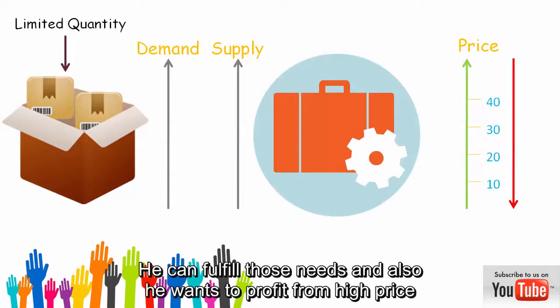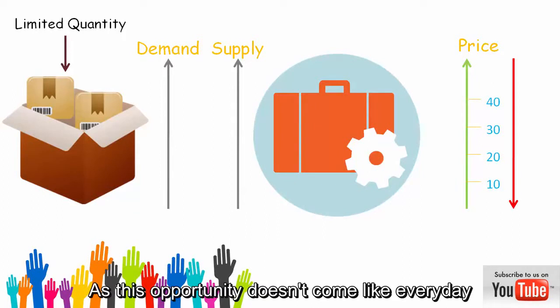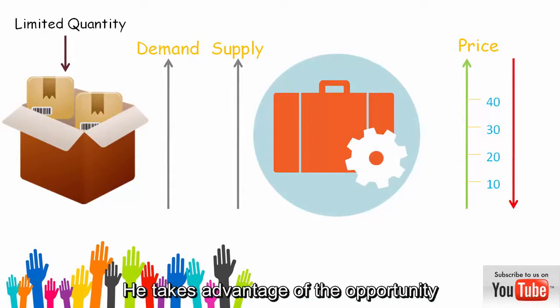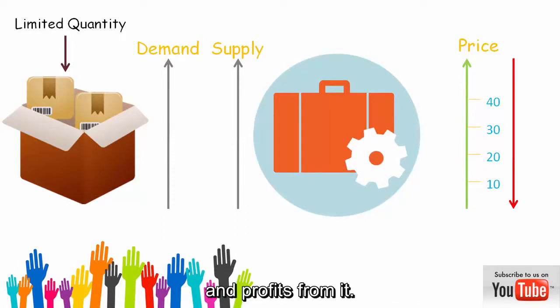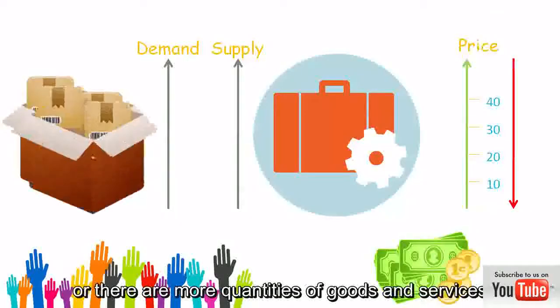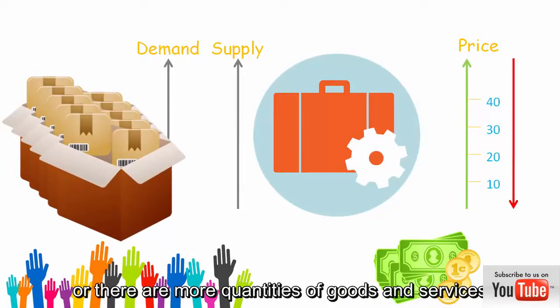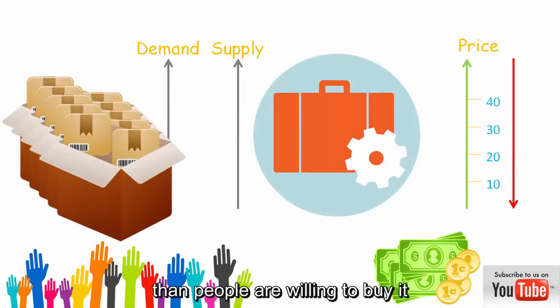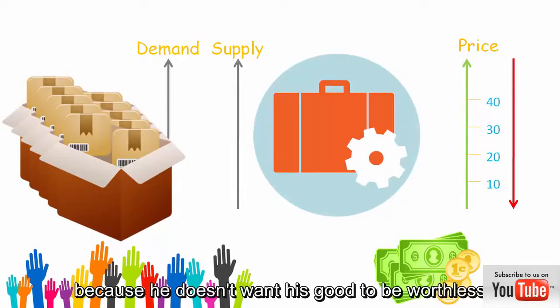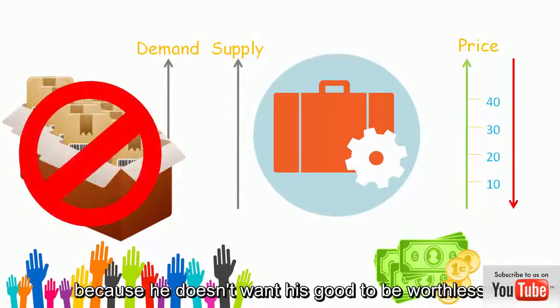He also wants to profit from the high price, as this opportunity doesn't come every day. So as people are ready to pay a higher price, he takes advantage of the opportunity and profits from it. Similarly, when supply rises, or there are more goods and services than people are willing to buy, then the seller wants to make sure he sells the goods he has right now, because he doesn't want his goods to be worthless.